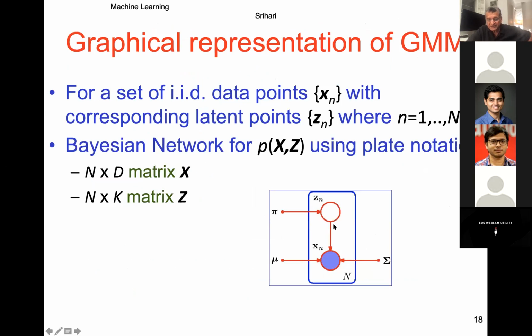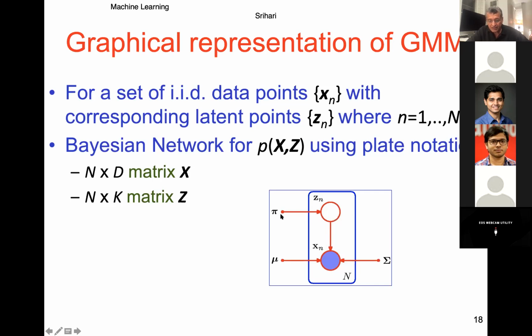This is what's called a plate representation over samples n going from 1 through capital N, and each of them has this relationship that there is a parent variable and a child variable. The child variable is the data that is known, and we don't know the assignment of the data to the parent, which is the class, which is why this is kept open and this is kept closed, saying this data is known, this data is not known.